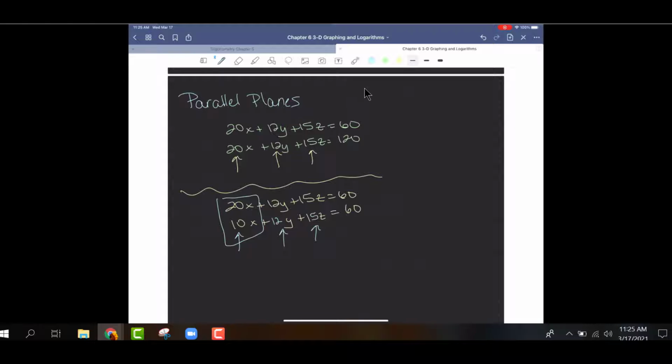So if any coefficient x, y, or z are different, then the planes intersect.